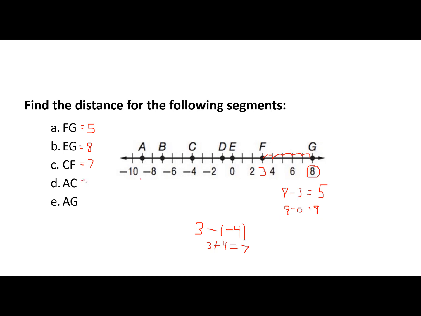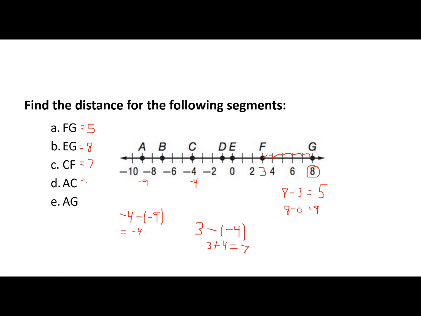AC would be -9 for A, and then C is -4. Well, again, that distance, if we counted, would be 1, 2, 3, 4, 5. That would be 5, but if we take the largest number, which is -4, and we subtract the smallest number, which is -9, this becomes -4.